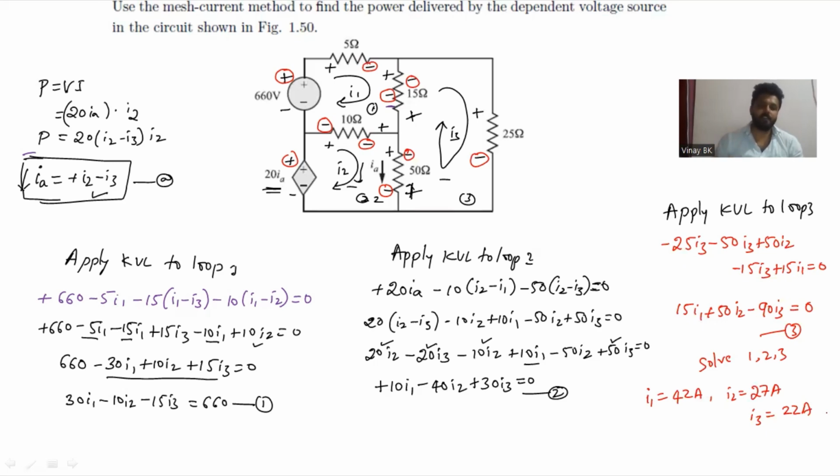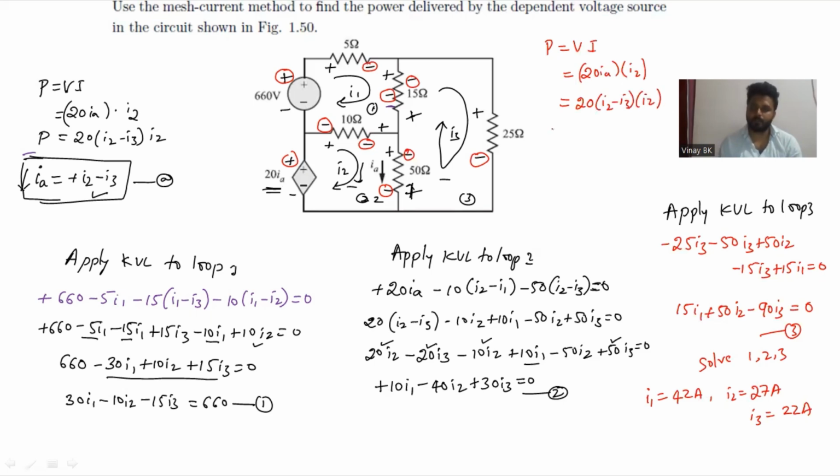So now you calculate the value of power. P is nothing but V into I. For the dependent source, the power delivered is V, which is 20 into IA, times I, which is I2 flowing through it. So you can write 20 into IA, which is I2 minus I3, into I2.